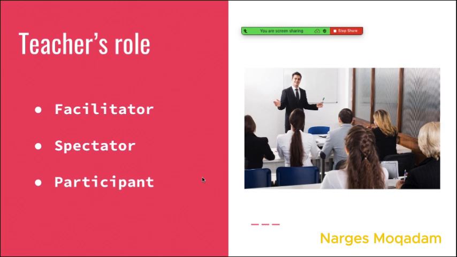So you give them the language, they self-correct, they peer correct, and they get to use the target language in an appropriate way. The teacher can also take the role of a spectator, and in this way the teacher watches the role play and offers some comments and advice at the end.